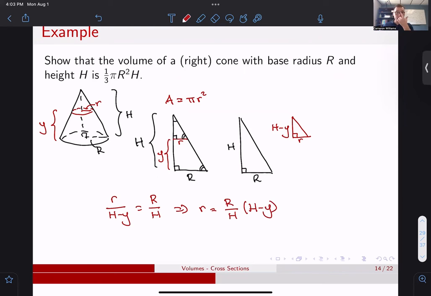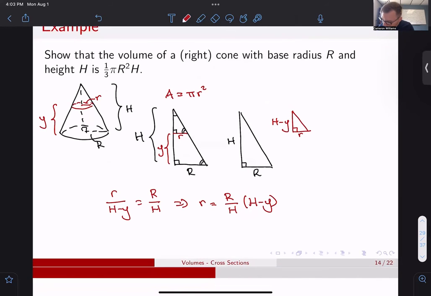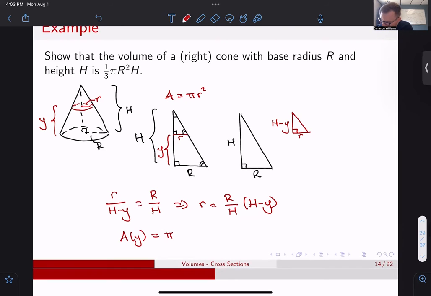Now we can get our area in terms of y, and that's what we needed. Area as a function of y is pi times little r squared, so it's pi times R over H times H minus y, squared. I'm going to distribute the square, but I'm not going to FOIL, and there's a good reason for that. So it'll be big R squared over big H squared, combined with pi, times H minus y squared.